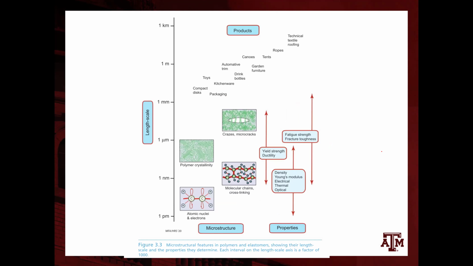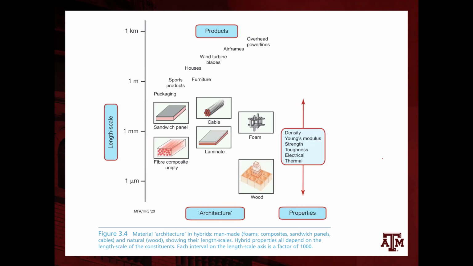Same with polymers, which also look different at different scales because of the different type of bonding, the chains of molecules, and the van der Waals bonding across the chains. And of course, hybrids and composites will depend on which types and classes of materials you are mixing and how you are making them.